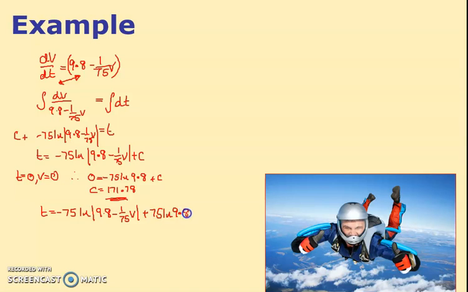It might be better like that. If I move this up here, I can move those round. That gives me 75 log of 9.8 minus a 75th of v is equal to 75 log of 9.8 minus t.